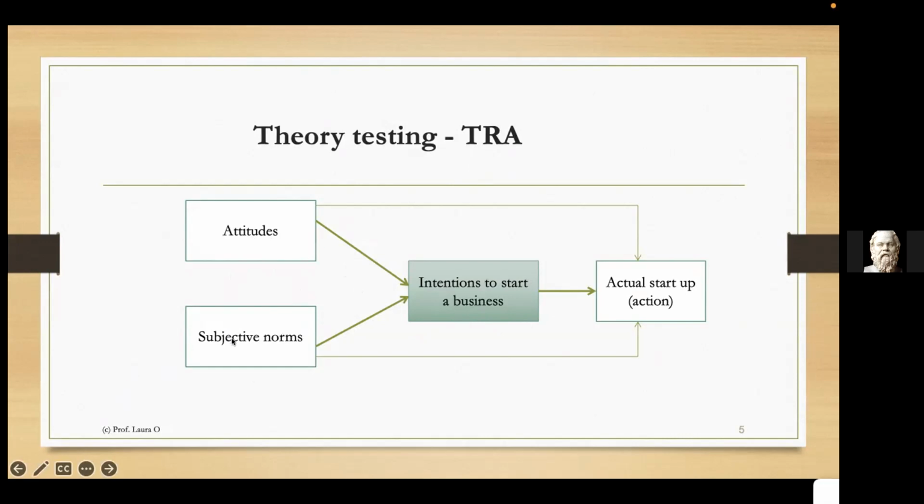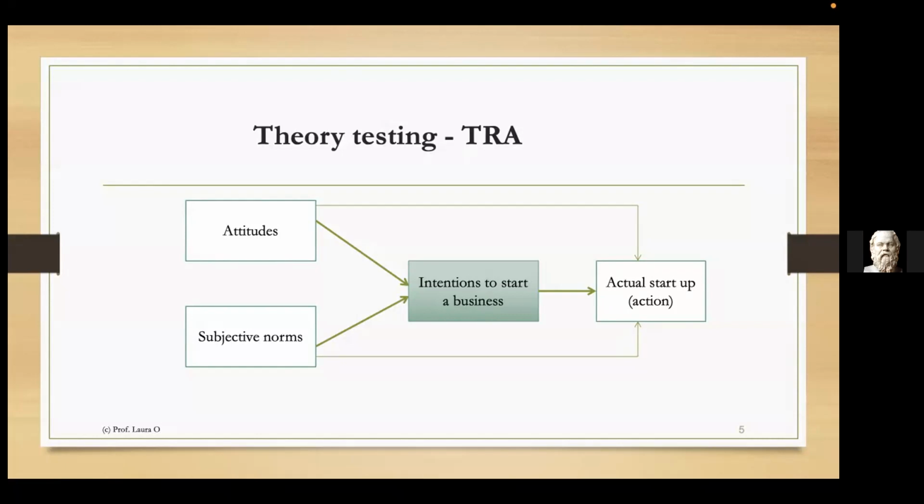We have attitudes, subjective norms, intentions, and the actual behavior. So according to this theory, the theorists posit that for someone to do whatever he is doing, the person has to take a deliberate thought process and evaluate the behavior. I'm going to start a business. The person first sits down and thinks about that business. In the process, the person develops either a positive attitude or a negative attitude.